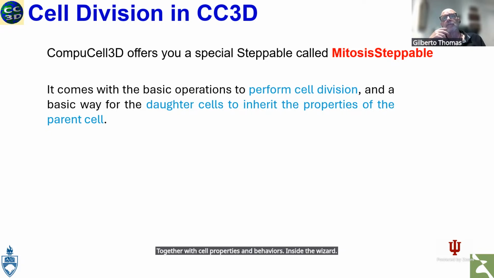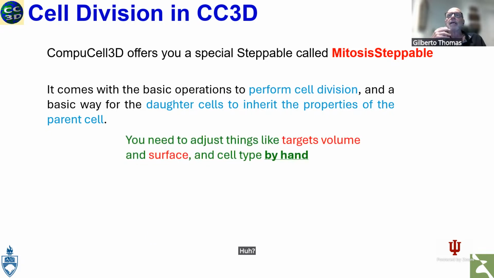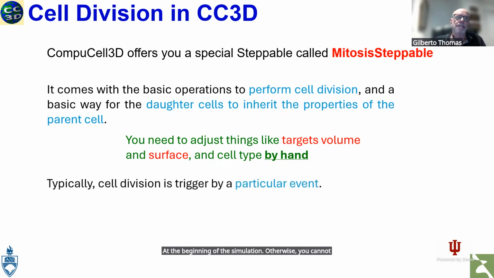It comes with basic operations to perform the cell division and define the attributes for the resulting cells after division. Those things like final target volume and surface must be adjusted in the configuration of the mitosis steppable at the beginning of the simulation. Otherwise, you cannot do this later.